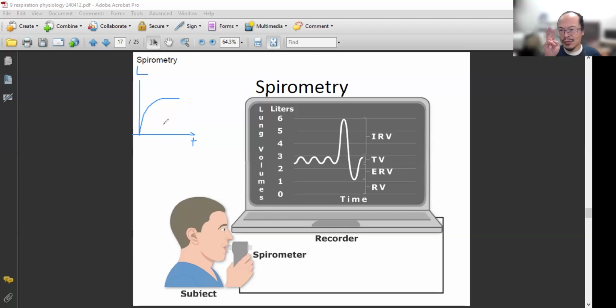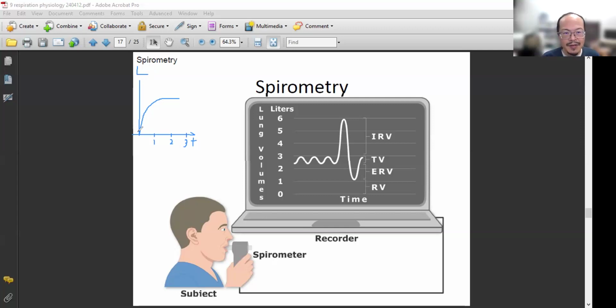With this, we get two numbers. This is 1 second, this is 2 seconds, this is 3 seconds. So we have the seconds of breathing out, and the liters of air breathed out.